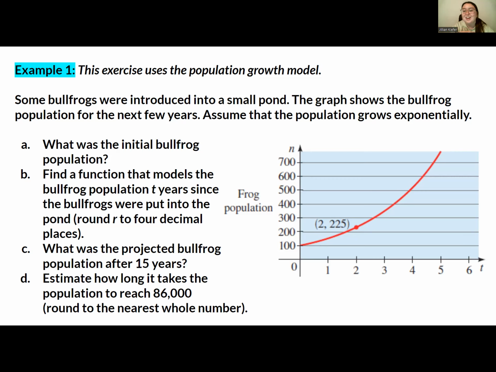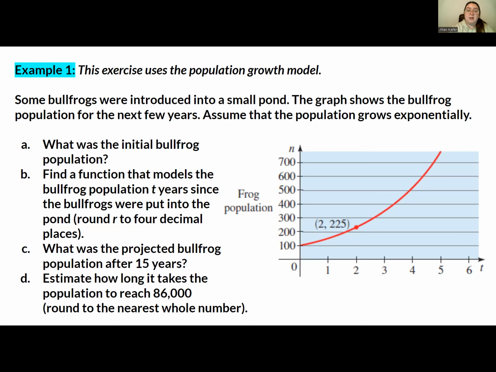So that's part A. Our initial population is 100, so we start with 100 frogs. And then we also have this data point here that at 2 years, there were 225 frogs. So we're going to use that piece of information for part B as well to really find that value of R. And then we use that equation for part C and D as well.